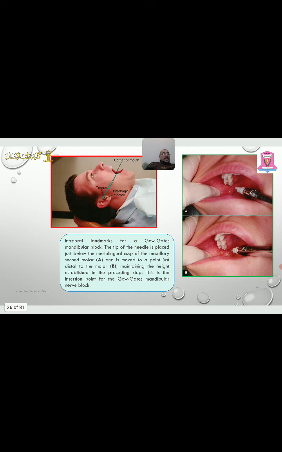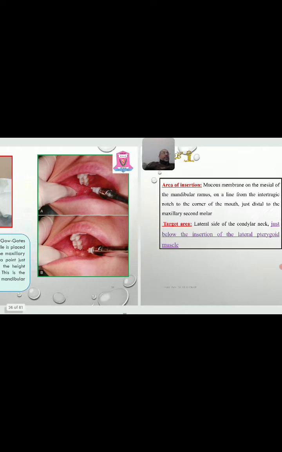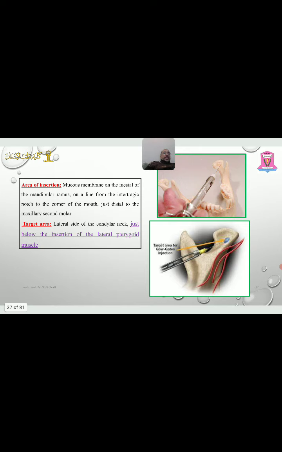الانترا اورال لاند ماركس اللي قلناها عندنا اللاين من الكورنر اوف ماوث الى الانترتريجل اريا، الباليتال كاسب اوف ماكسيلري سكند مولر، والماكسيلري كاناين اون ذا اوبوزيت سايد. ها هي النقاط اللي احتاجها حتى ادخل الى السوفت تيشيو وتارجتينج الكوندايل. الاريا of insertion mucous membrane on the mesial of the mandibular ramus on a line from the intertracheal notch to the corner of mouth just distal to the maxillary second molar.